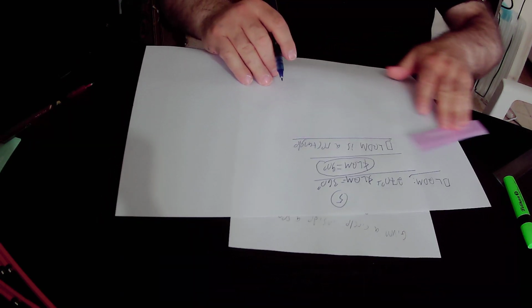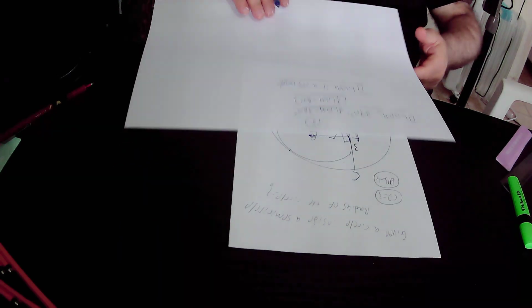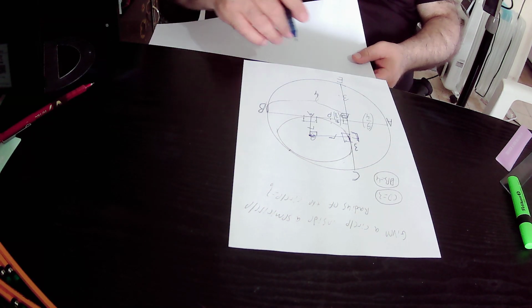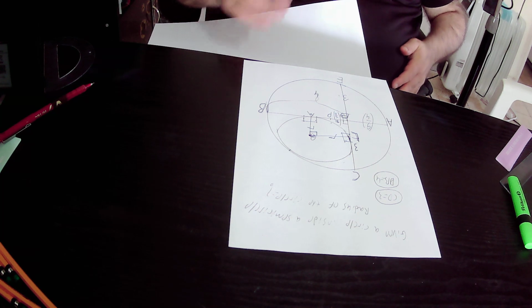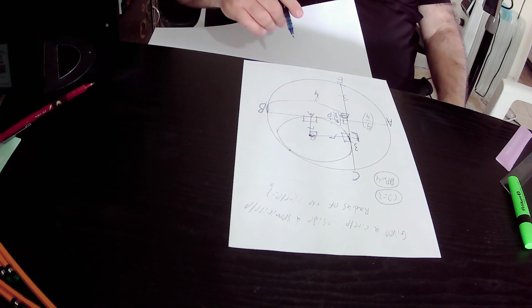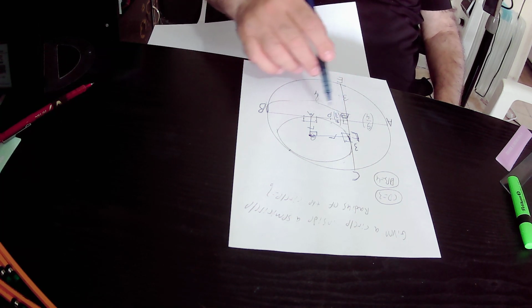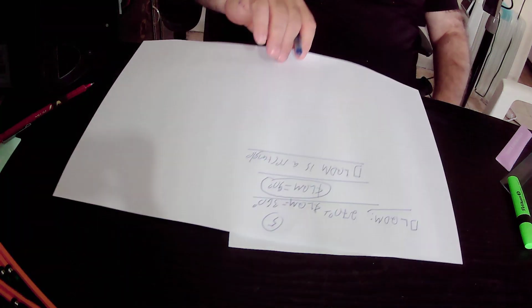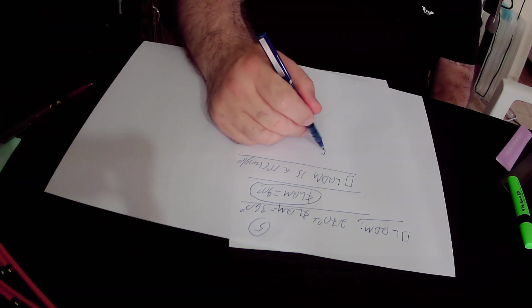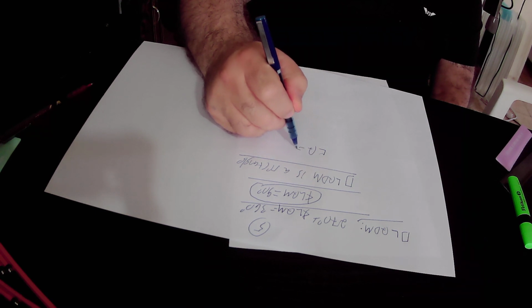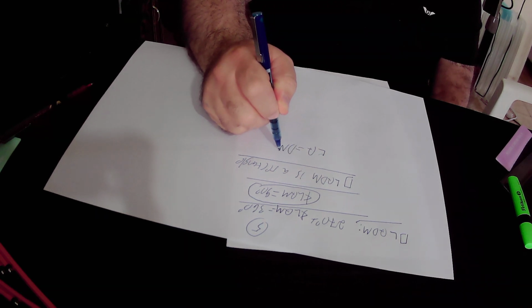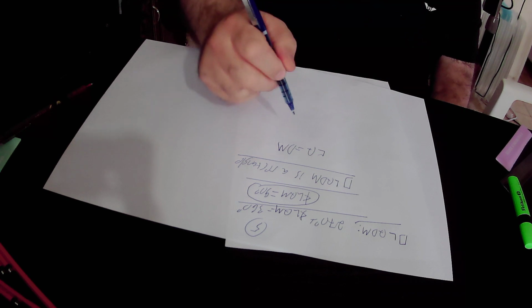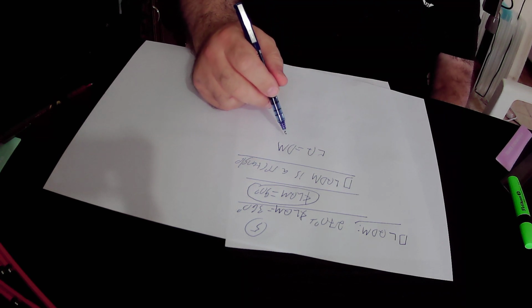So we relate to quadrilateral LQDM as a rectangle, and we know that the opposite sides of a rectangle are equal to each other, that is to say LQ equals DM. In quadrilateral LQDM, LQ equals DM, according to the rule that the opposite sides of a rectangle are equal to each other.